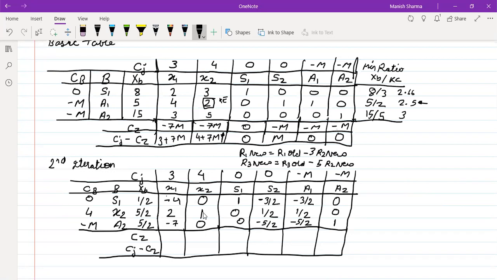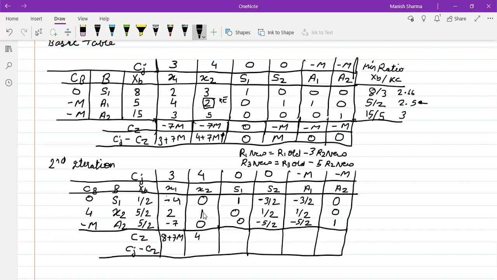Okay, now again we have to calculate Cj. Cj will be equal to minus 4 into 0 is 0, 2 into 4 is 8, minus 7 into minus m is plus 7m. Correct? 8 plus 7m. Next is 0 into 0 is 0, 0 into 4 is 0, 0 into minus m is 0.